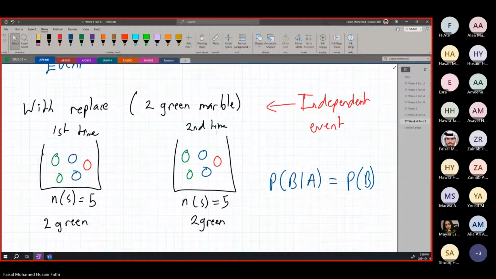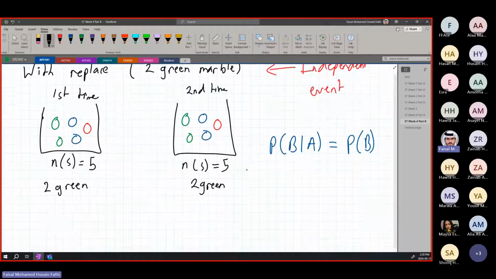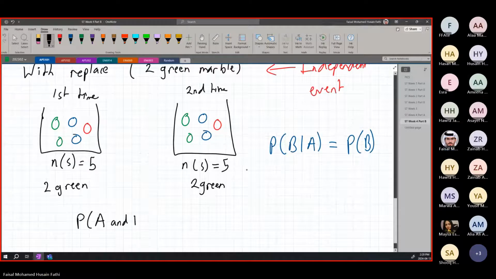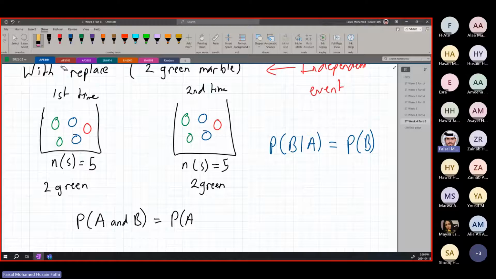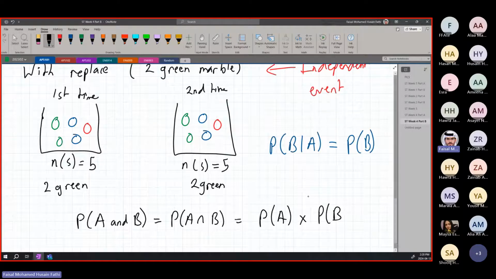Now, how are we going to do this? We're going to do the exact same equation again. So it's going to be P, A, and B, so events A and B occurring, or we could say P of A intersection B. It's the same thing. Remember, P, A, and B is equal to P of A times straight up P of B, because this is an independent event.